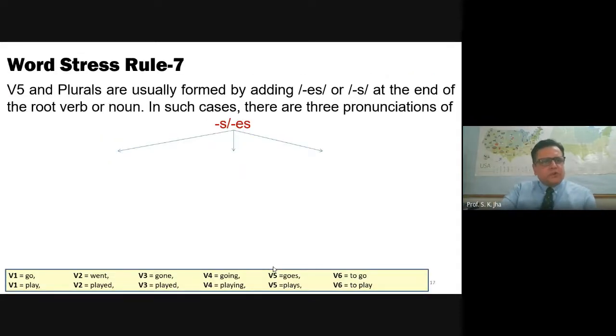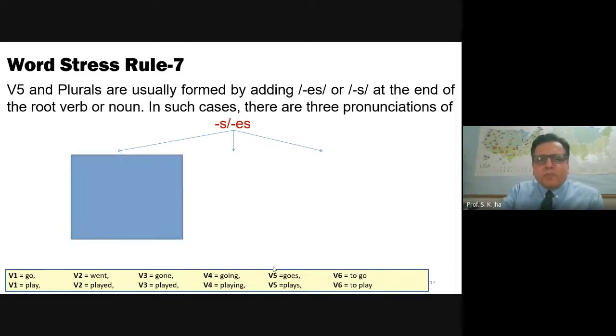Now, this rule is again interesting for the reason that here you have to simply remember the V5 or plural forms. V5 and plural forms are usually formed by adding S or ES at the end of the root verb or noun.